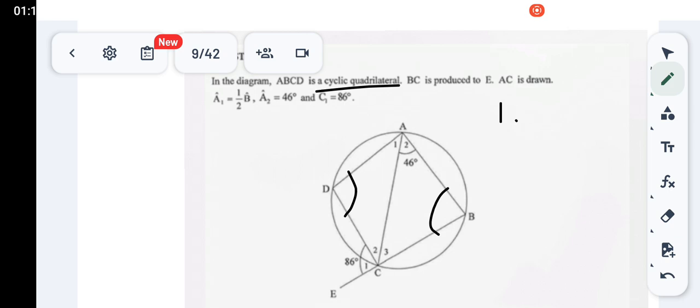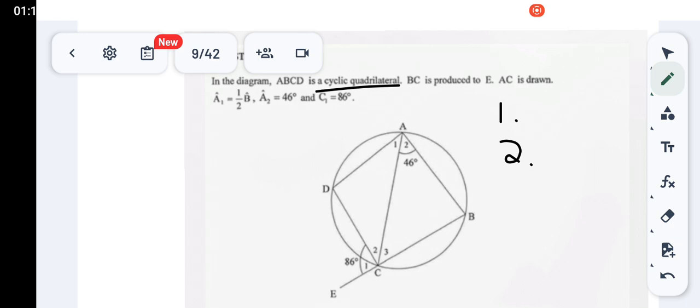Then we can move to the next theorem, which says the exterior angle. What is the exterior angle? That is the angle that is outside. Exterior means outside. So this theorem says the exterior angle of a cyclic quad is equal to the interior opposite angle.